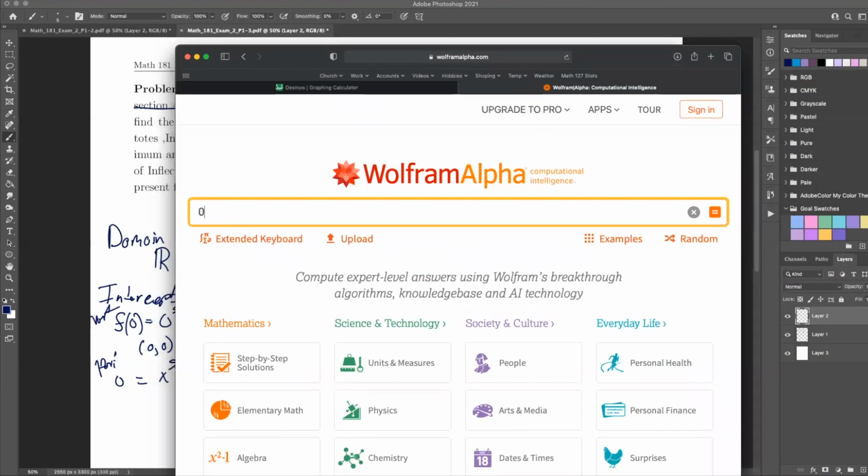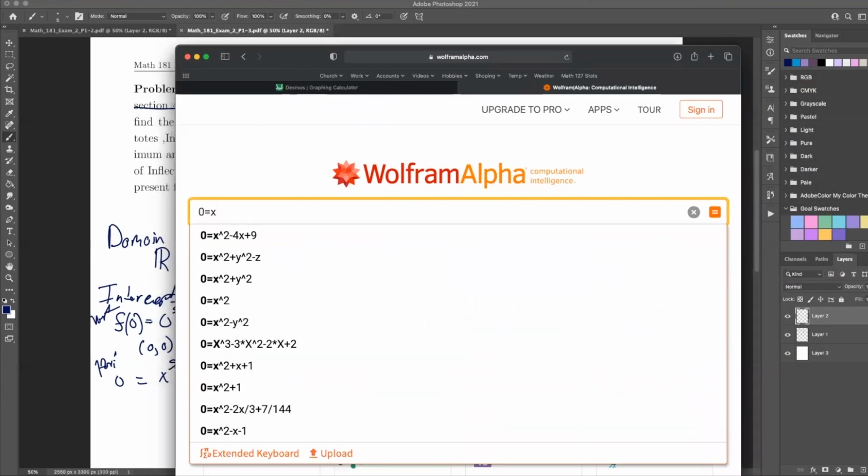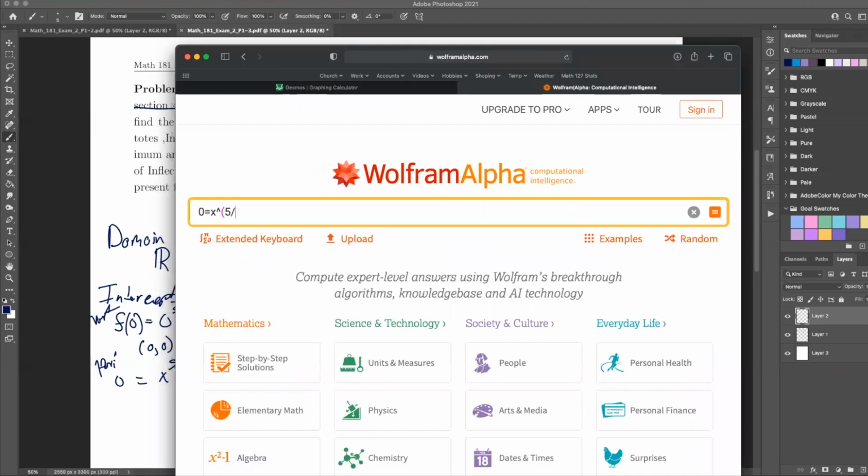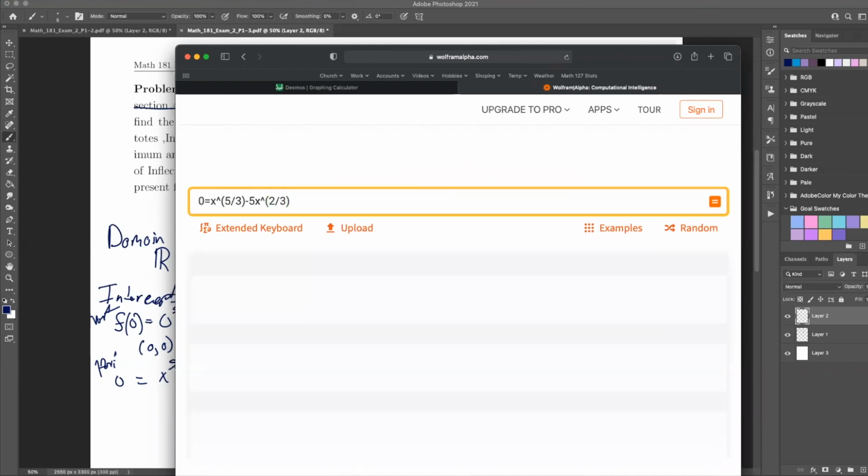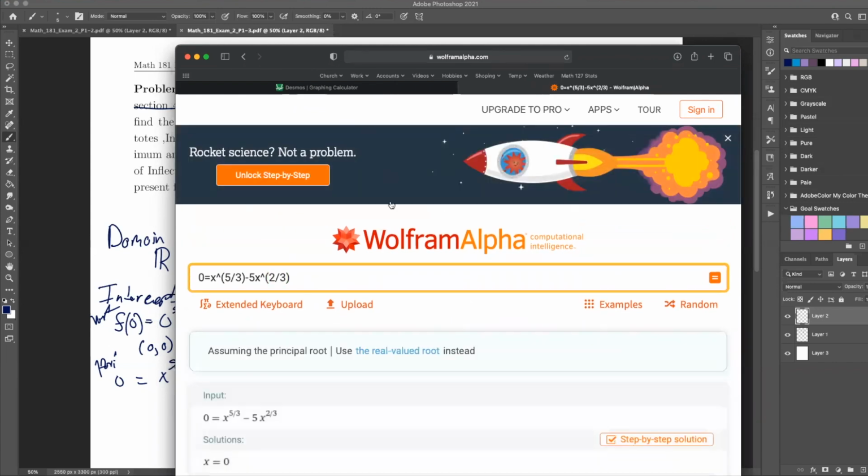So here we have 0 equals x to the power of 5 divided by 3 minus 5x. We know one of the answers is 0, right? The other answer should fall out.